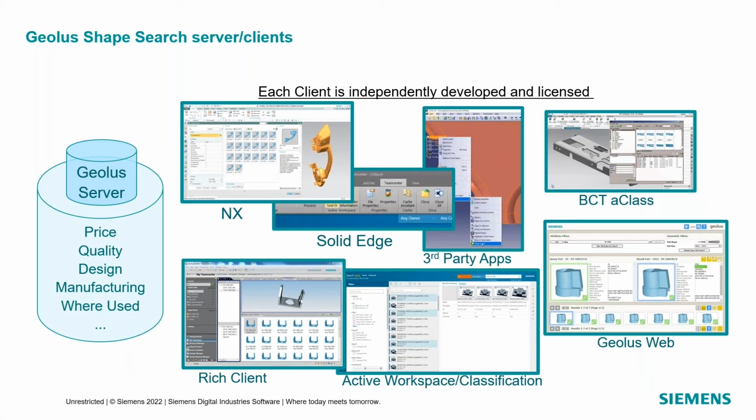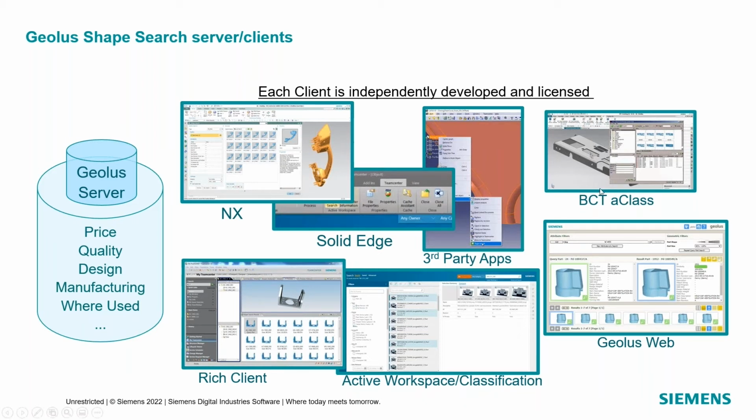And so what this means is that as you look at these things, here's NX, a Solid Edge, and this actually is a third-party design system. And here we've got 2 Team Center clients. Each user interface has its own look and feel, and so that means we're not forcing an architecture on the user, and that each of the developers can then produce the user experience that their users would know and expect.